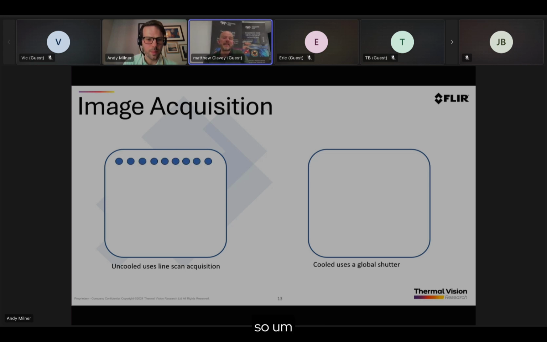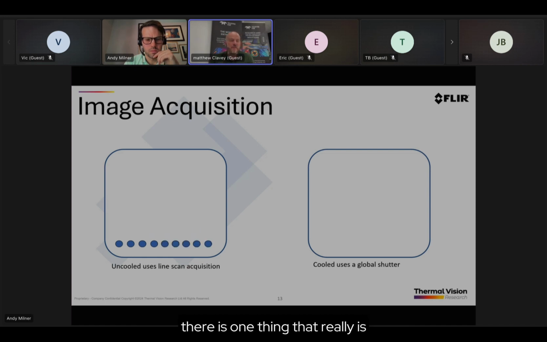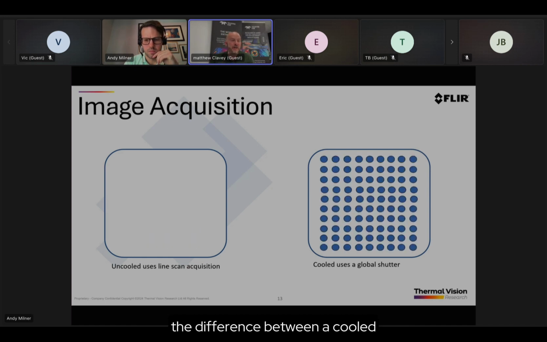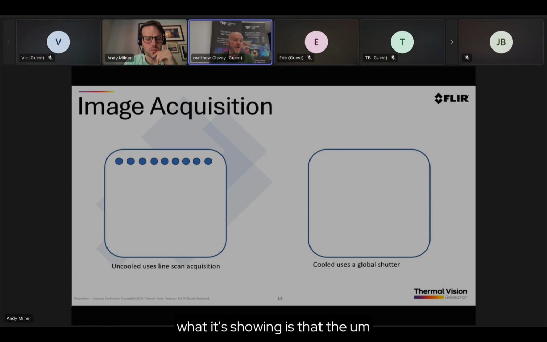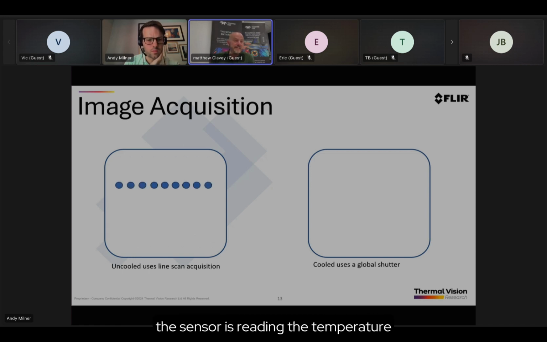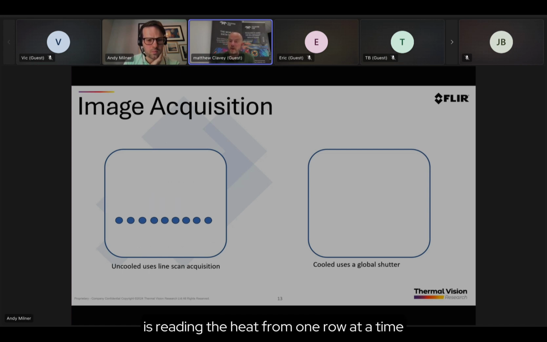So just to go back over, if you take anything from today's webinar, there is one thing that really is the difference between a cooled and uncooled camera. And it is this slide. On the left, what it's showing is that the sensor is reading the heat from one row at a time.